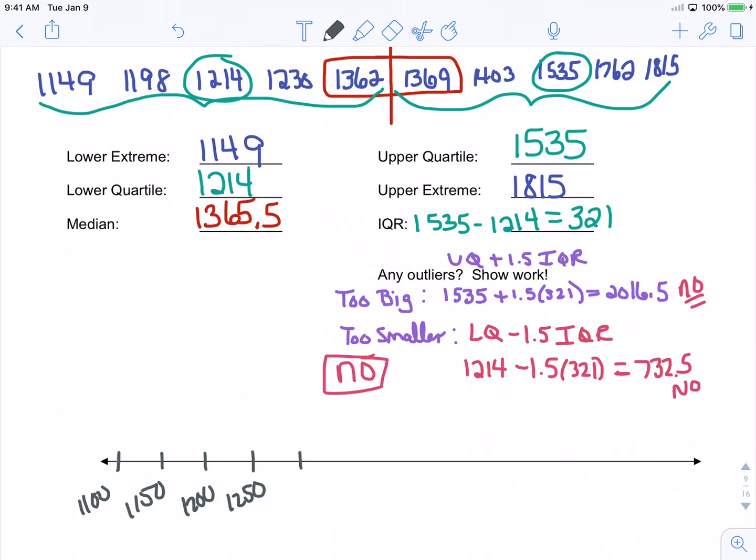Counting by 100s would probably be too big. We don't want to have the numbers too spread apart. You could probably count by 25s if you wanted to as well. Your little tick marks would just have to be a little closer together.